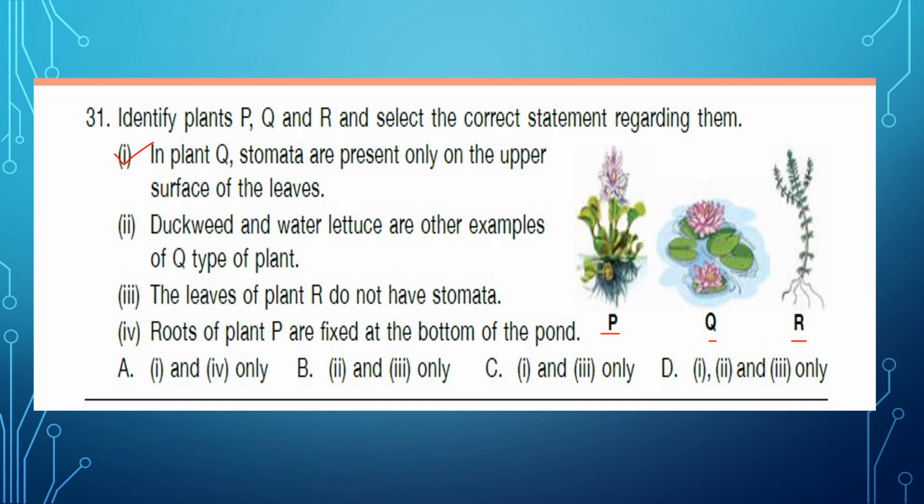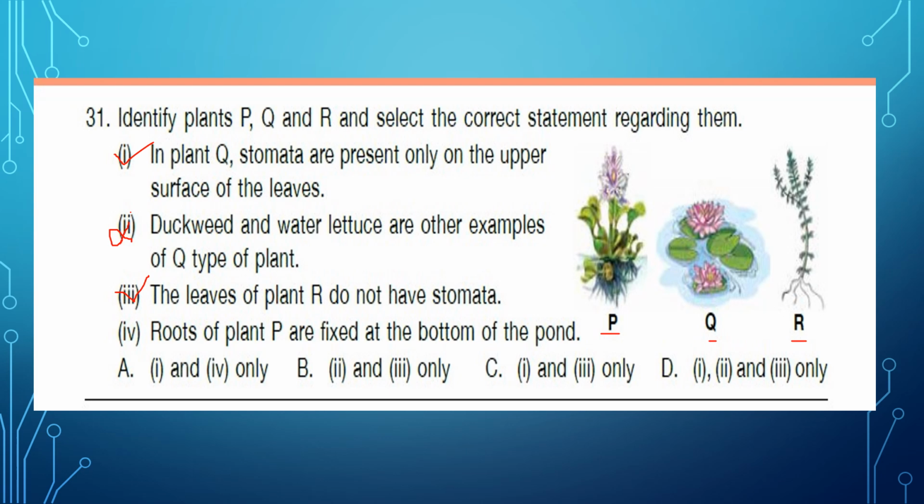So this statement is incorrect, because lotus is a fixed aquatic plant. 3. The leaves of plant R do not have stomata. Yes, this statement is correct. Hydrilla leaves do not have stomata.